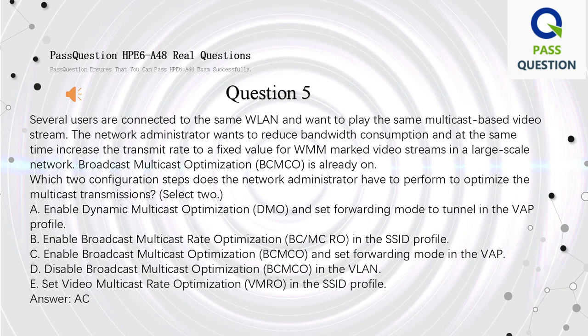C. Enable Broadcast Multicast Optimization (BCMCO) and set forwarding mode in the VAP. D. Disable Broadcast Multicast Optimization (BCMCO) in the VLAN. E. Set Video Multicast Rate Optimization (VMRO) in the SSID profile. Answer: A, C.